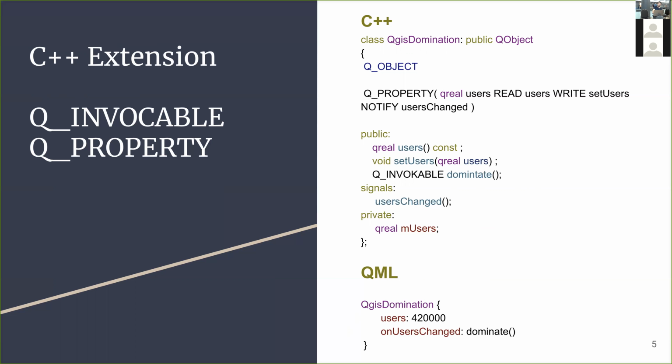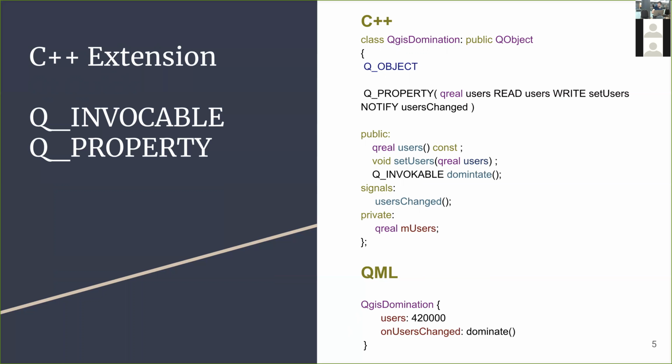I have m users as a private QReal property, and we have a setter and getter for that, and we can also put a notify function there. So if it has been changed, it will trigger the notify.